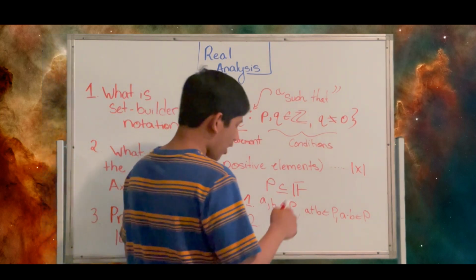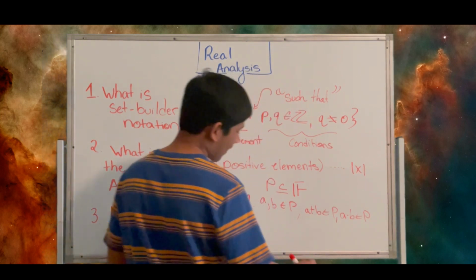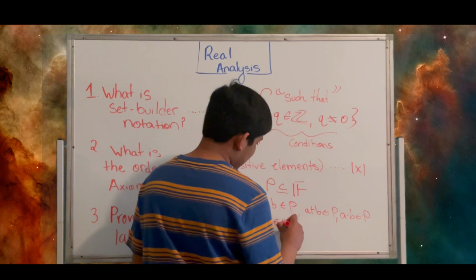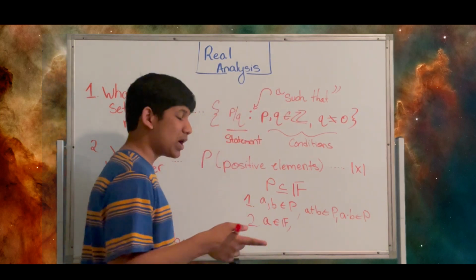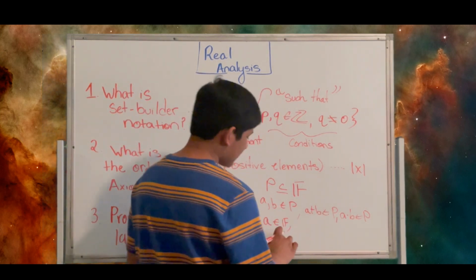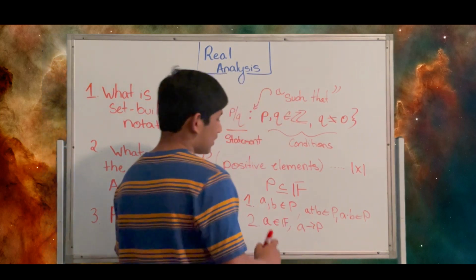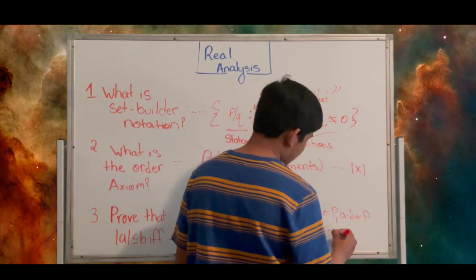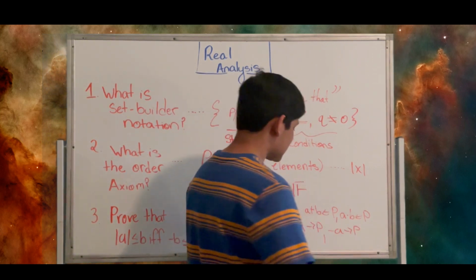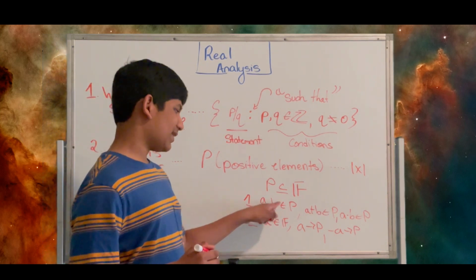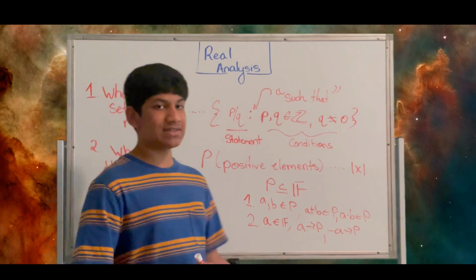The second property states that we have A in the field F, and if A is in the field F, then A can either be in the positive elements or negative A can be in the positive elements. Now, the arrow is just representing inside, rather than the traditional element of symbol.